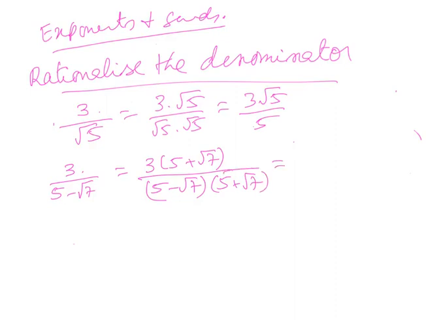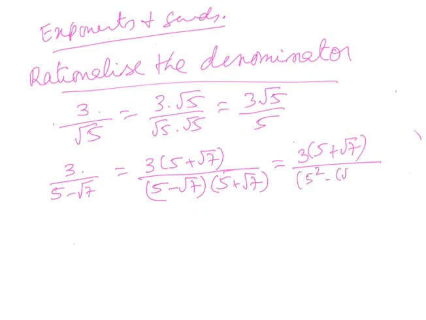If it was plus, my conjugate would have been minus. Since this is minus, my conjugate is plus. So I multiply and divide with this conjugate. So it is 3 times 5 plus root 7, and here I apply my knowledge of the expansion a minus b times a plus b, which gives a square minus b square.